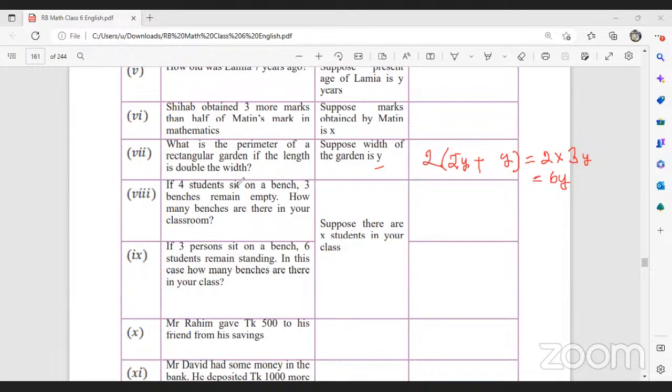Suppose the number of students is x. Then you can write x by 4 as the number of benches used by the students, right? Suppose you have 12 students and 4 sit on each bench, then how many benches do they occupy? 3 benches, right? 4 students sit on how many benches? On a bench, right?